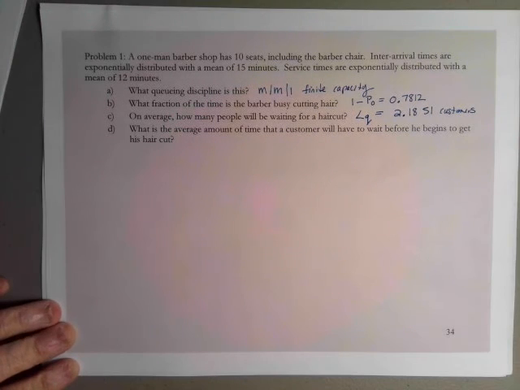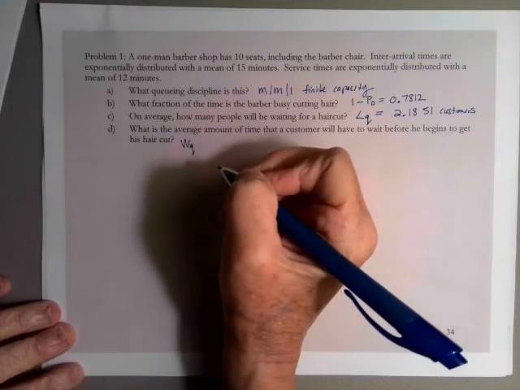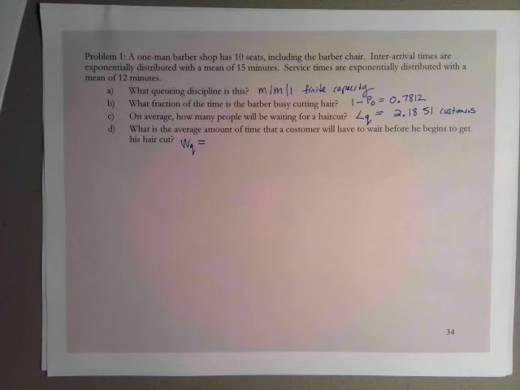And D, what is the average amount of time that a customer will have to wait before he begins to get his haircut? Again, just use that website to let it do some crunching for you. I'm not going to ask you to use the website on an exam or a quiz, but I'd like you to get to know that it's out there.